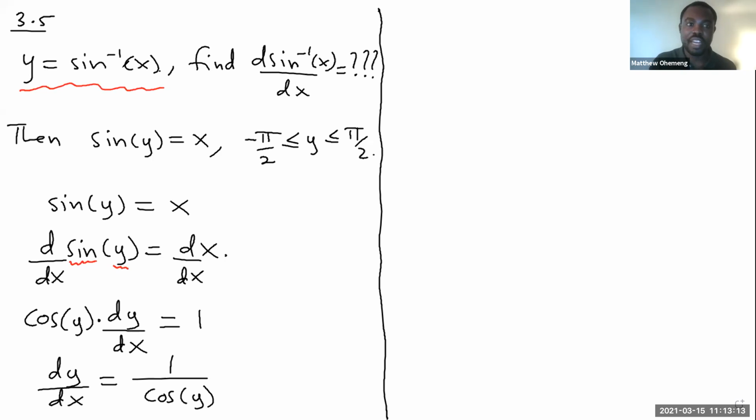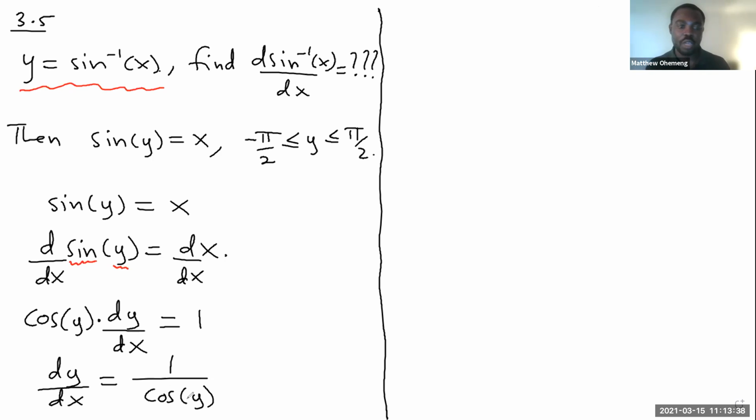So since we have an explicit solution for y, we also need an explicit solution for the derivative. For implicit, we don't have any other option, since we don't have an explicit solution for y. That's why we leave the derivative in terms of x's and y's. But if we have an explicit solution, you have to leave your answer in an explicit way, only in terms of x.